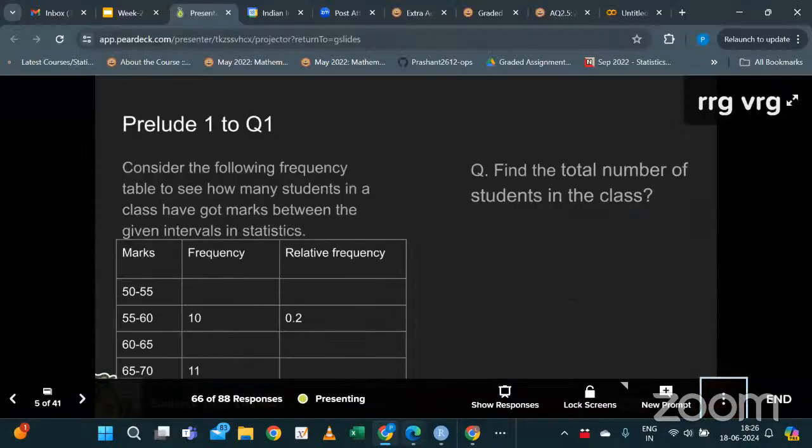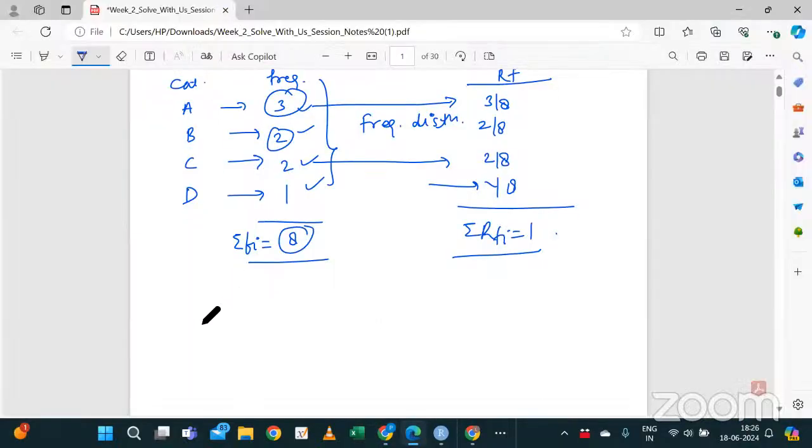I told you, right? So here, what is the definition of relative frequency? You should mute yourself, there is some background noise. Relative frequency is nothing but the ratio of frequency divided by the total number of observations, for the ith category.